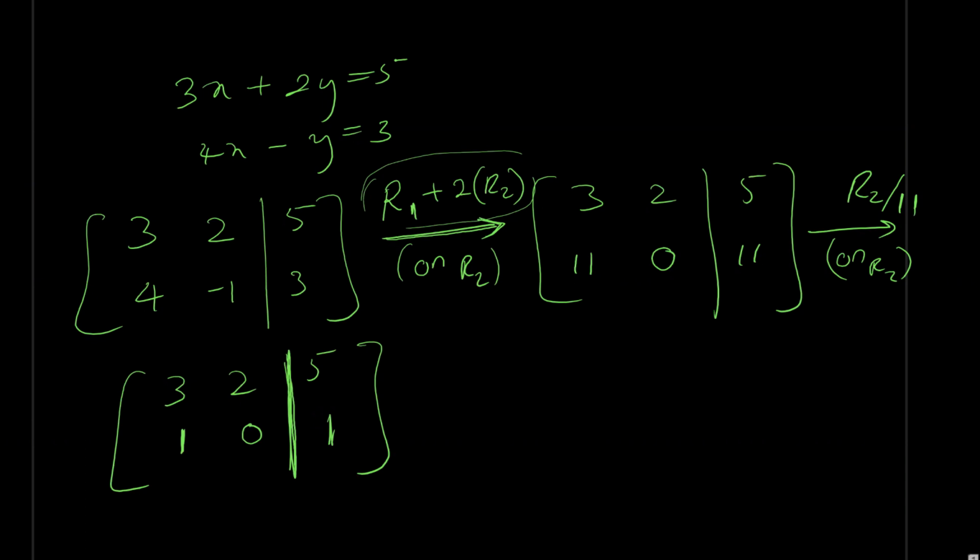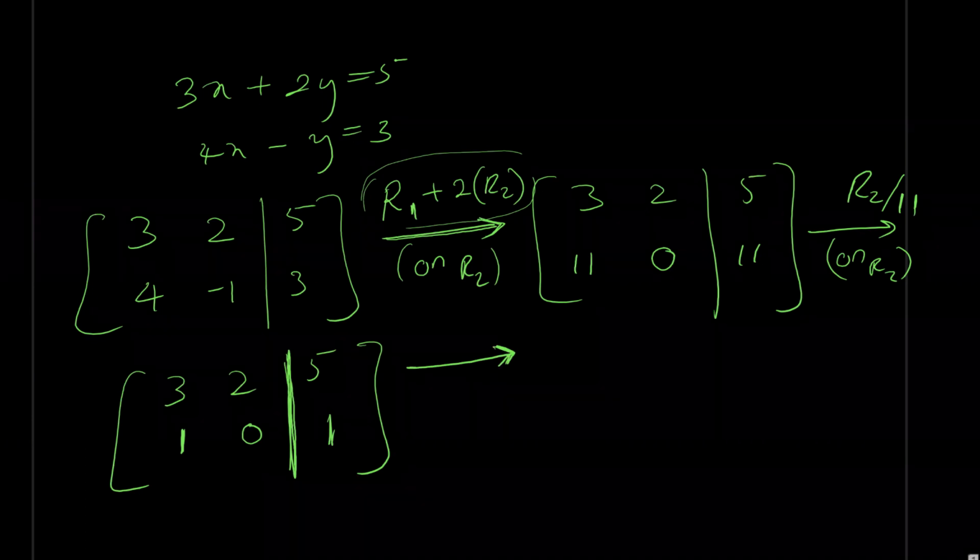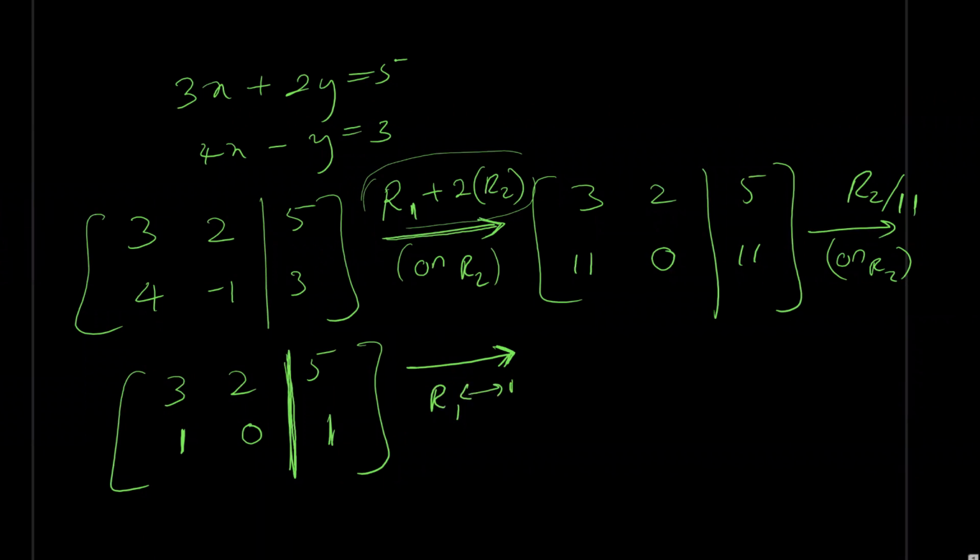But let's move a little bit forward and simplify this until we get to a nice form. So I would like to interchange. This is how we denote interchange or switch. So you can do that operation. 3, 2, 5.